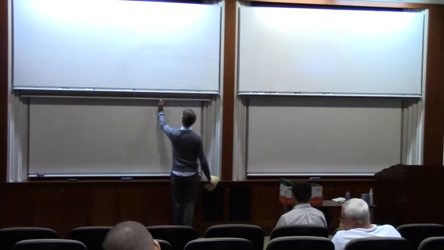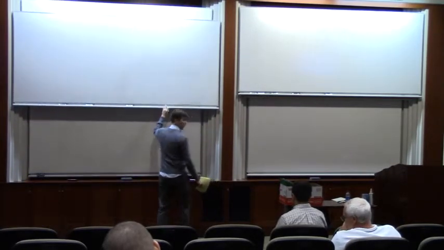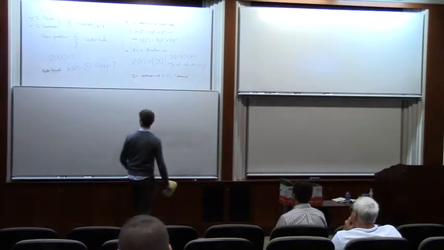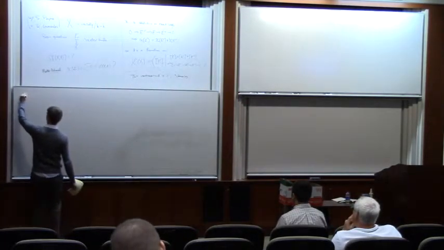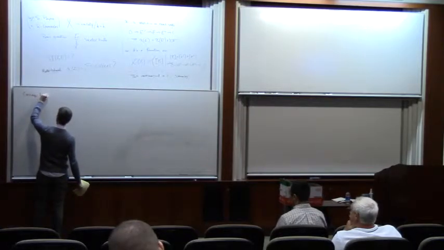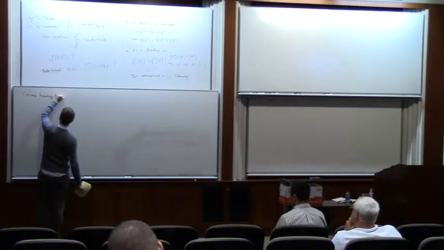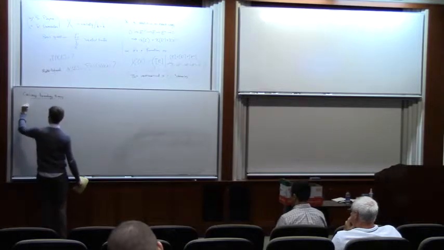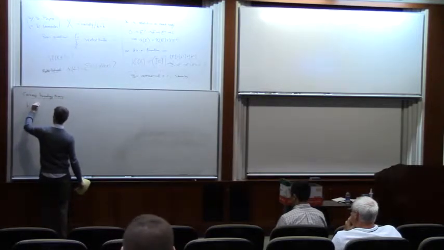A cohomology theory wants a homology theory to pair with, and this one has a nice homology theory to pair with. So there's a corresponding homology theory, which I'll write with a lower 0, K lower 0 of X.